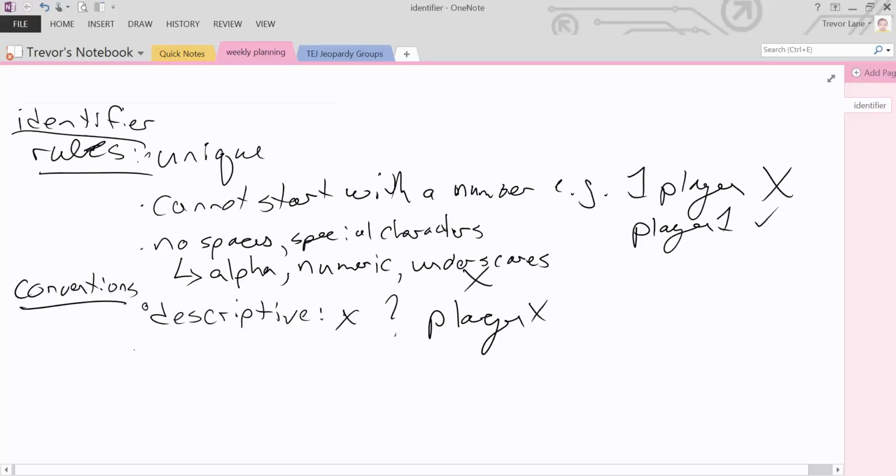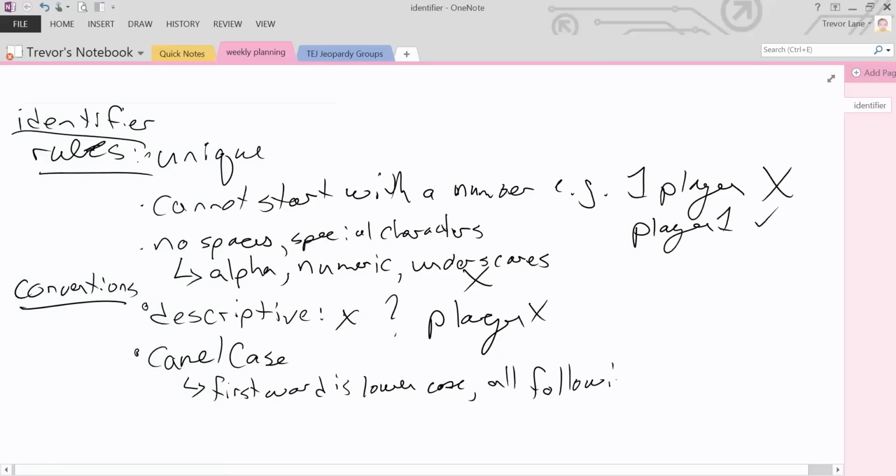So the second convention is something called camel case. Camel case is something you've already been doing. Whenever you've been naming your form objects, your controls, you've already been using camel case. Camel case essentially means the first word is lowercase, and all following words begin with a capital.